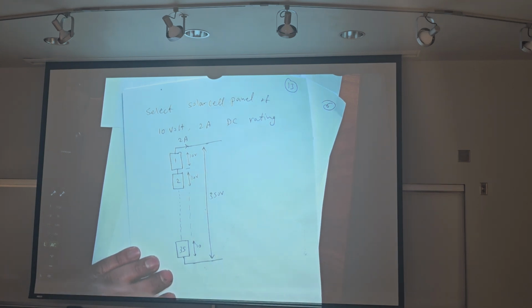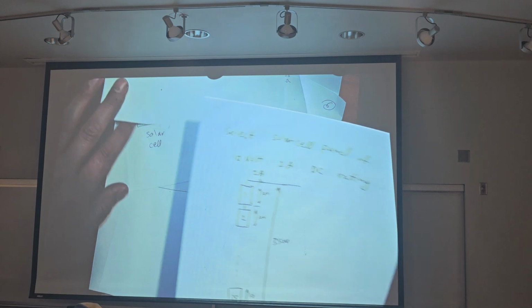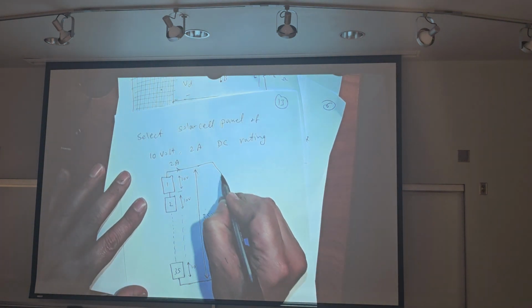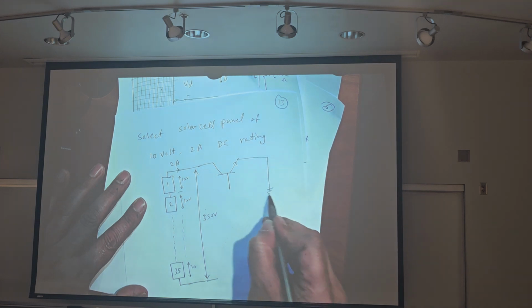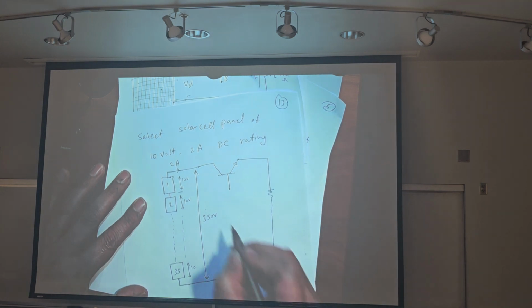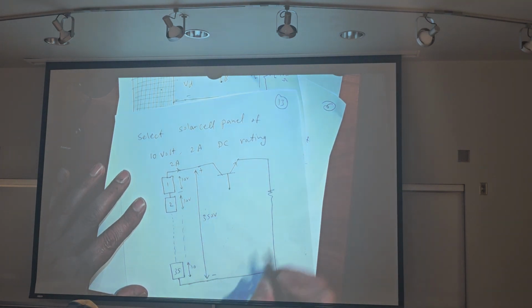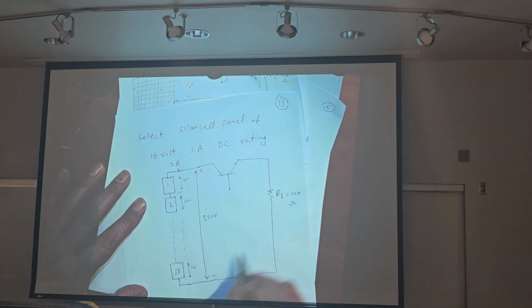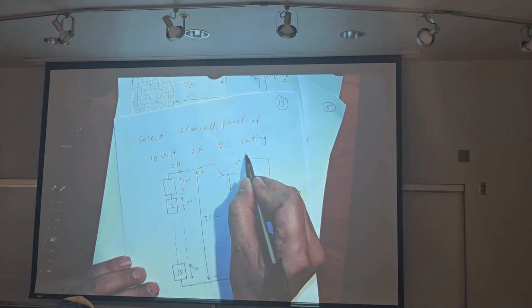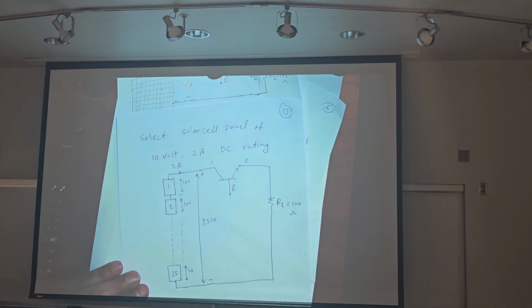the DC to DC converter, connected to this one, and this positive, negative, and this our load. Okay, this collector, emitter, base.